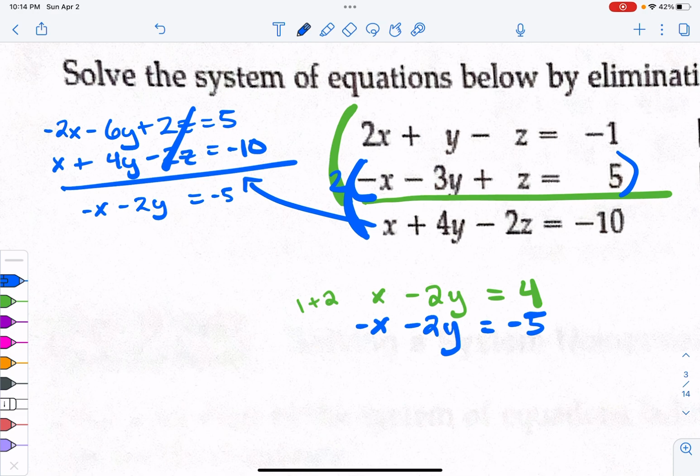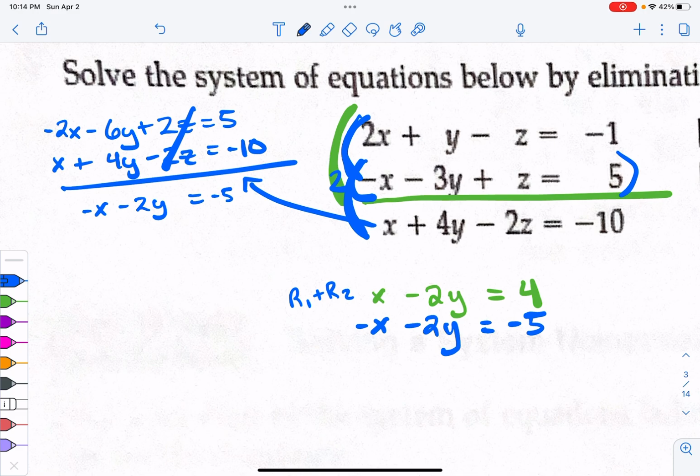One thing I can put as a little note right here is what I did. So this was just row 1 plus row 2. I was adding these 2 rows together, okay?